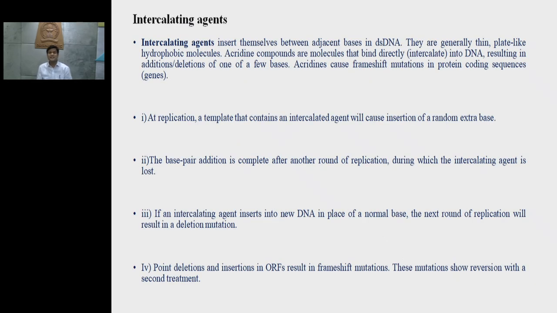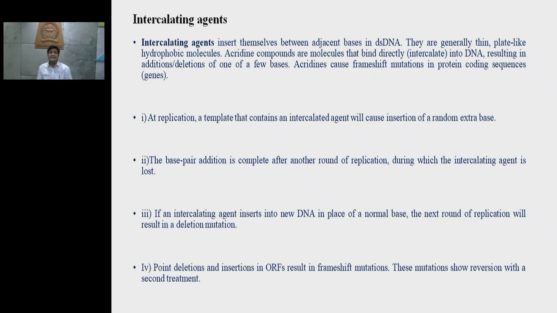Intercalating agents are actually important. They are also responsible for causing mutation. They are generally thin, plate-like hydrophobic molecules, especially acridine compounds, that bind directly or intercalate into the DNA structure, resulting in an addition or deletion of one or a few bases.